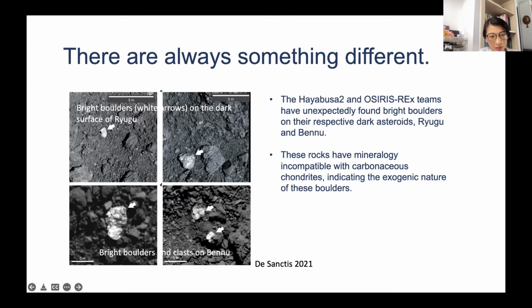The bright blocks on Ryugu are similar to meteorites from Vesta. And the bright blocks on Bennu are linked with S-type asteroids.